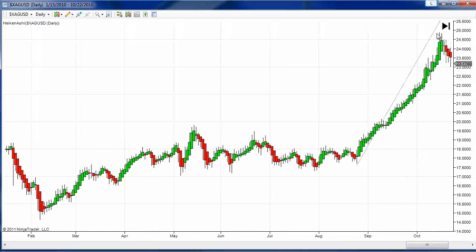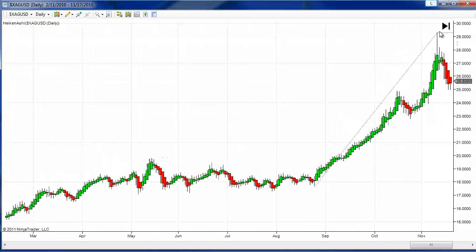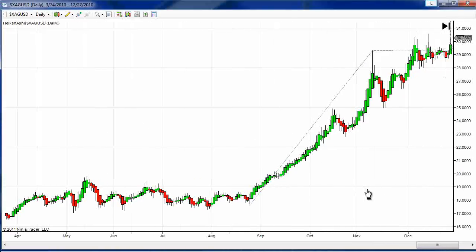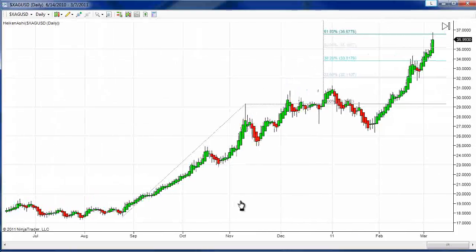It had a high of about 24. And then we saw a small retracement to another high at about $29 per ounce. And then, of course, this record top that we have currently, in which we have the market trading at $35.99.